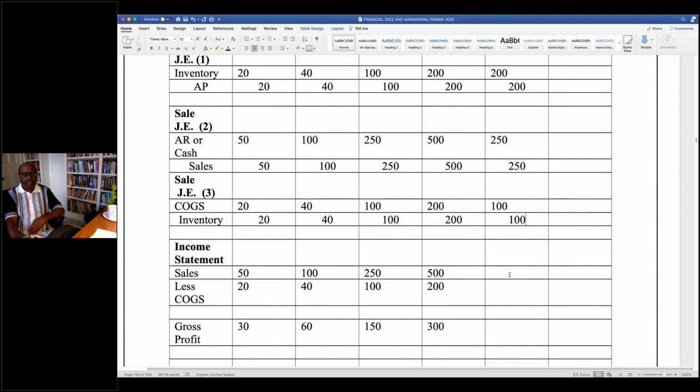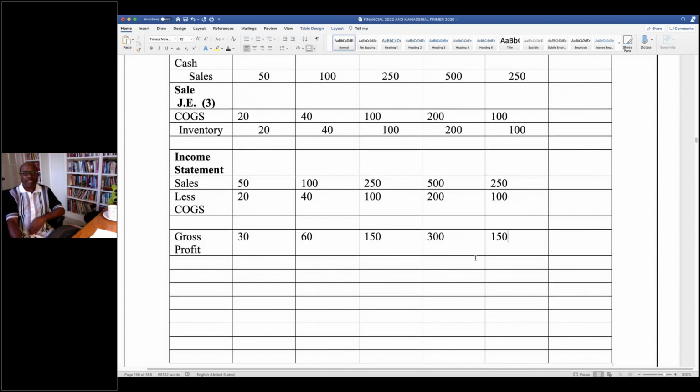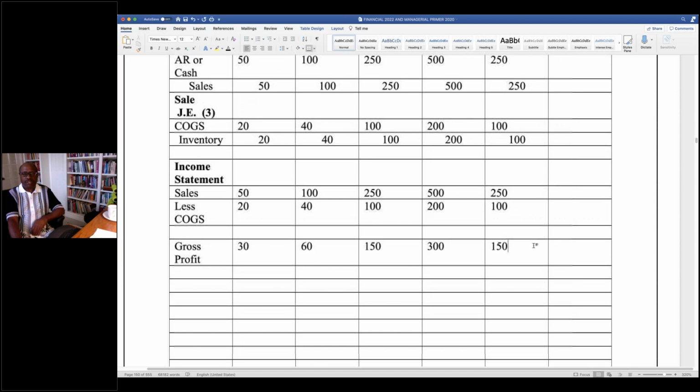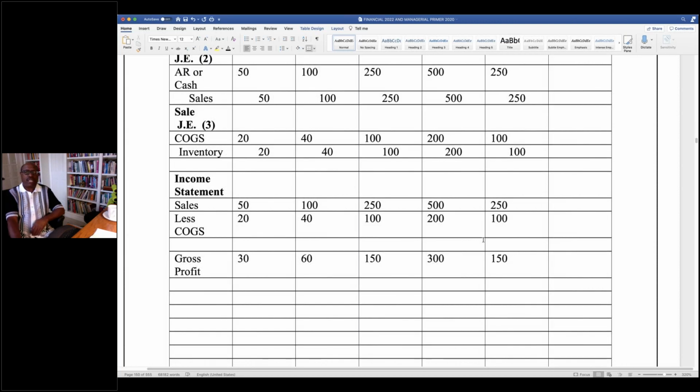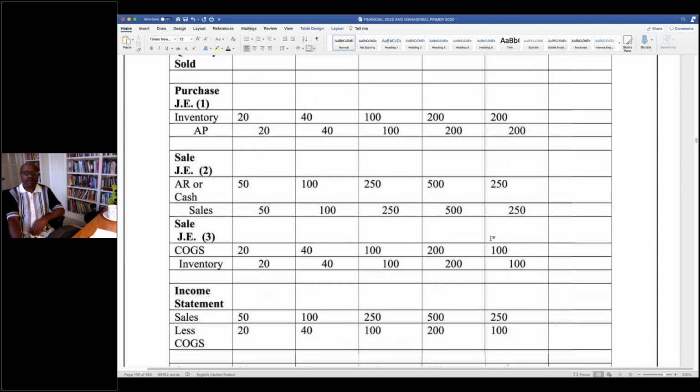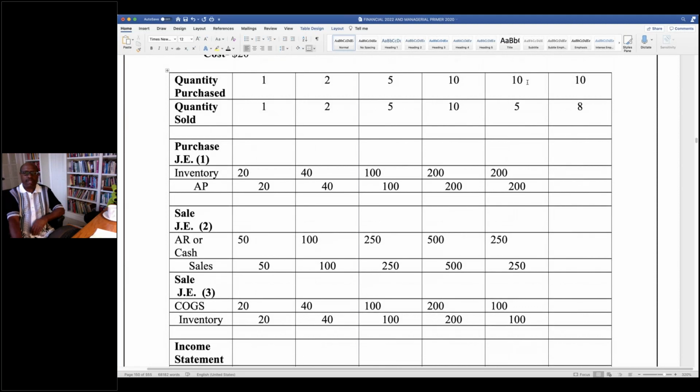And when we get to sales, the sales are going to be what? 250. Cost of goods sold, 100. Gross profit is 150. And now we have some shoes in inventory. So on the balance sheet, we still would have shoes in inventory. Any questions on this one, where we bought 10 pairs of shoes but only sold 5?